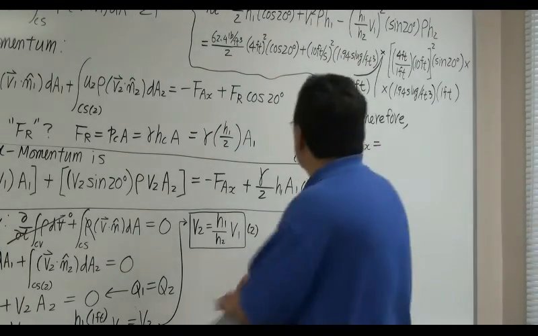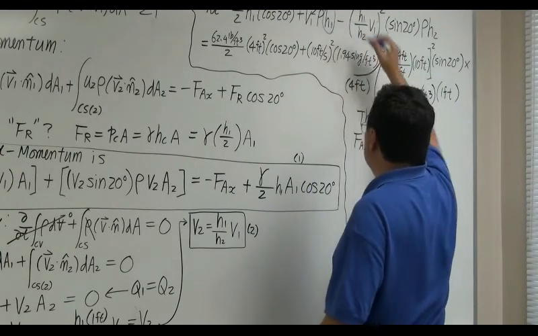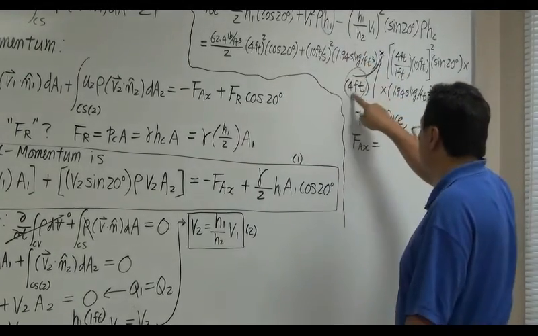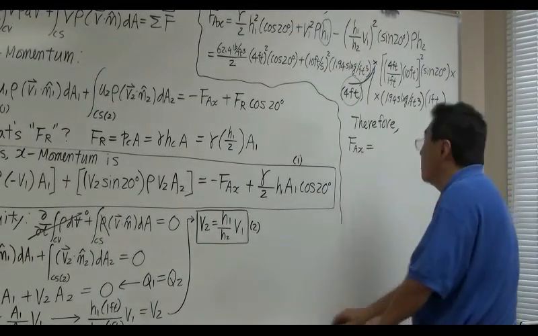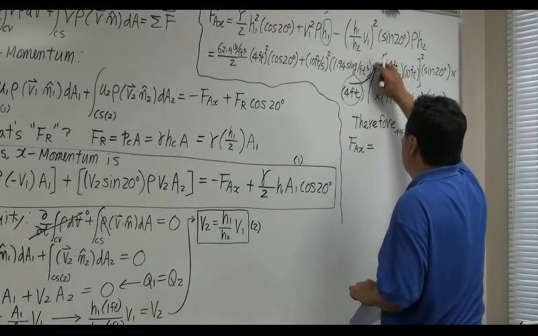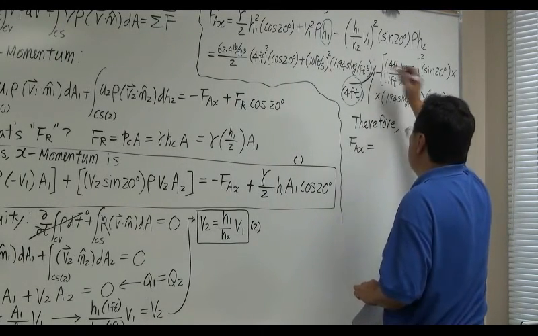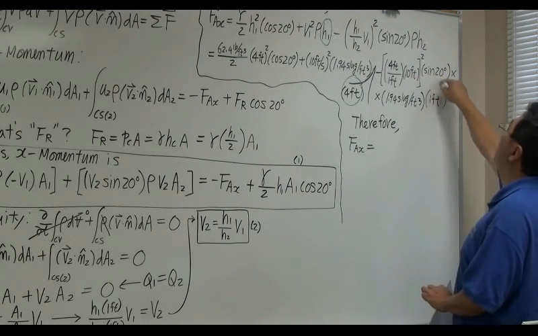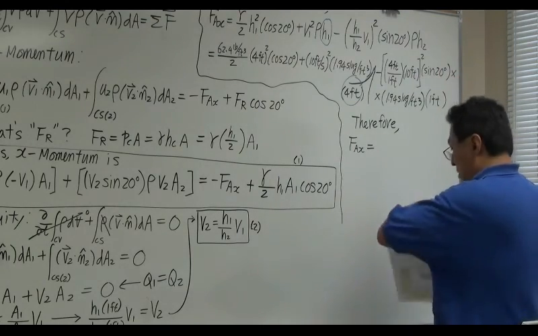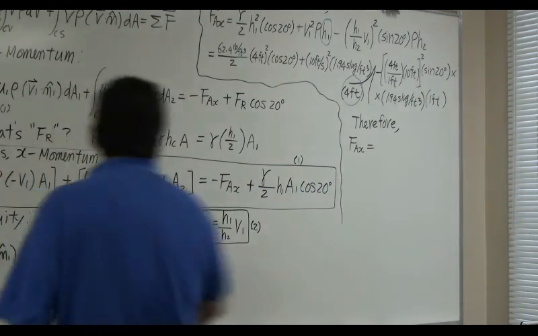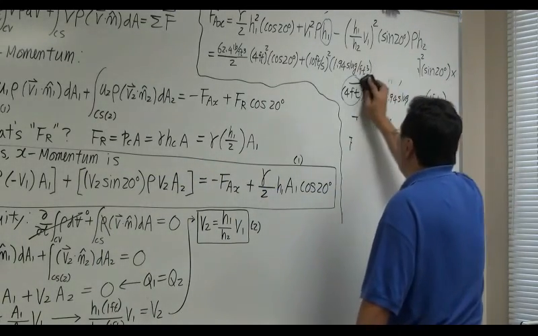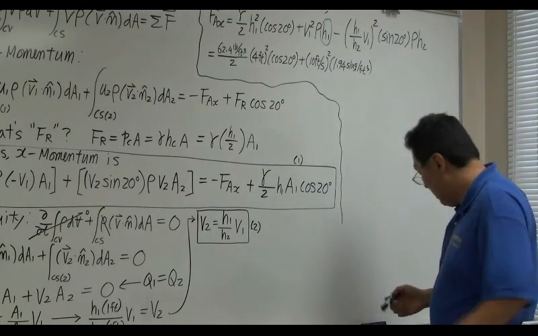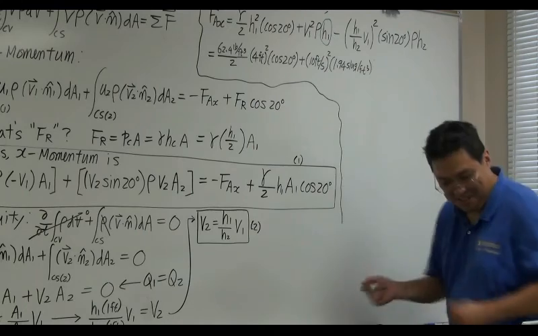I realized H1 was missing, so this H1 is here: rho multiplied by 4 feet, minus H1 over H2 times V1, whole thing squared, times sine 20. Sorry, I don't want you to be confused, so I'll just fix it completely. Sorry about that.